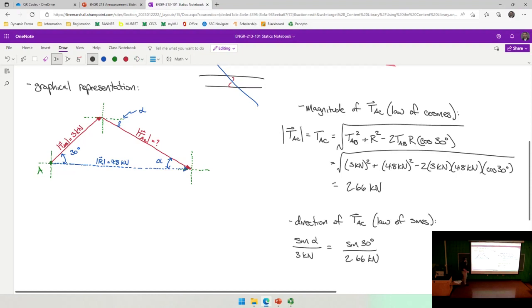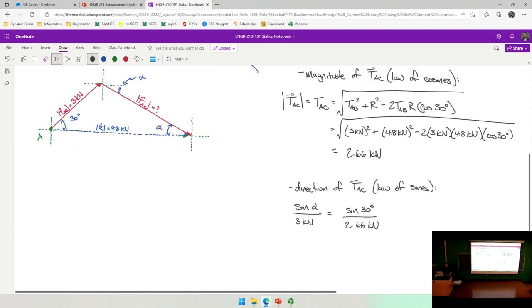Because we've got the sine of this angle over this, the sine of this over that, and that's this magnitude, equals the sine of alpha over 3. And we're ultimately after alpha. So all we've got to do is take this, multiply it over, take an inverse sine, and I think we're rocking and rolling. So let's see.